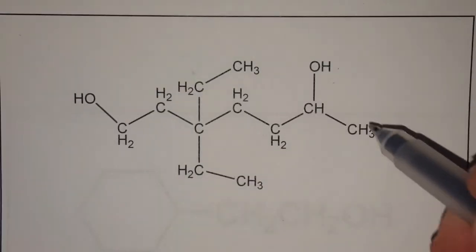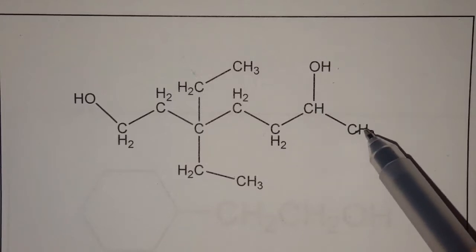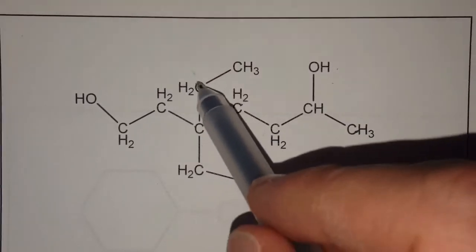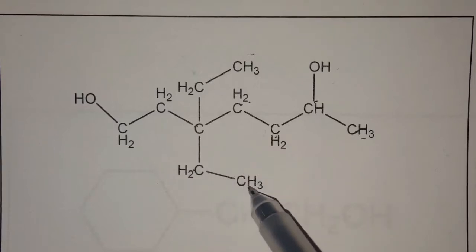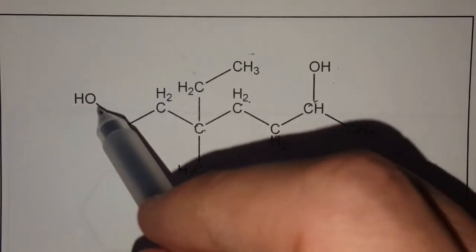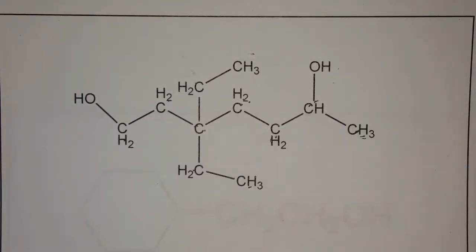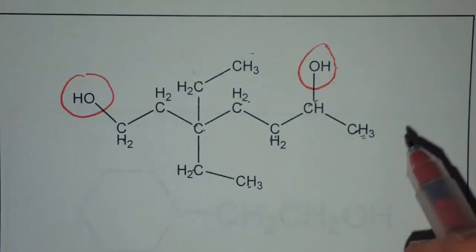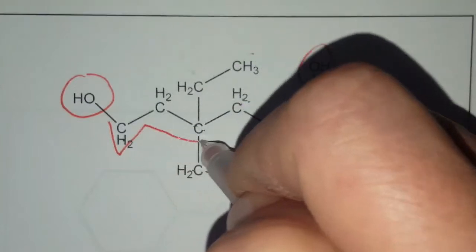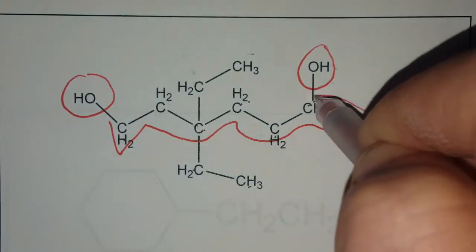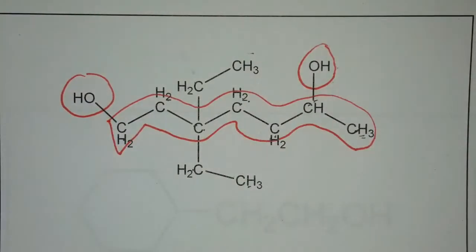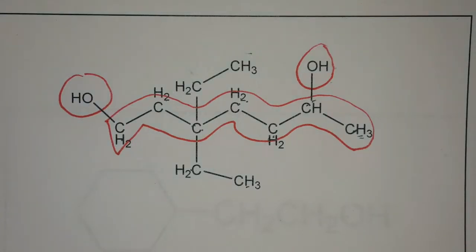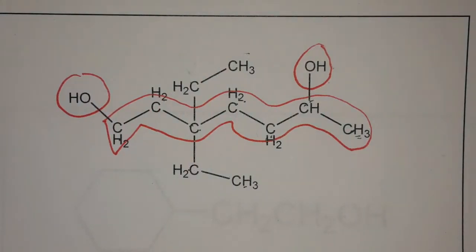Okay, so here we look for our longest chain. As we're counting, we notice that we don't have one OH group, but we have 2. Because of that, even if this was not my longest chain, this becomes my root, because we want to put both of the functional groups in the main chain.